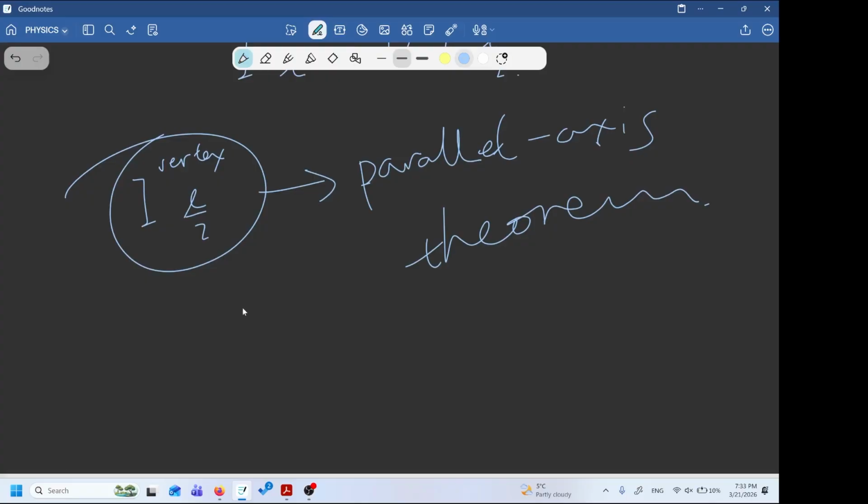It says that if we move the axis that the object rotates around sideways, the new moment of inertia equals the old one plus m d squared, where d is the distance moved.